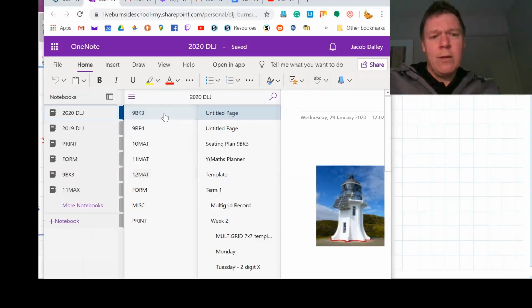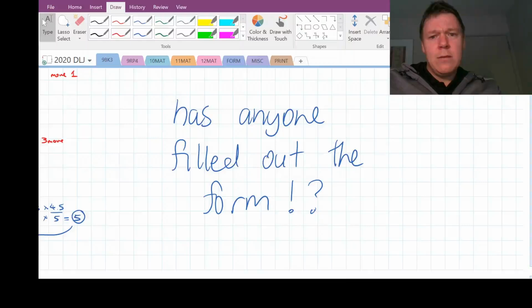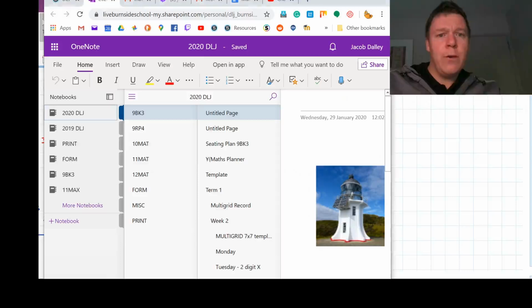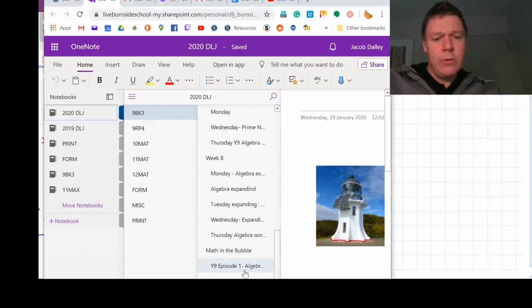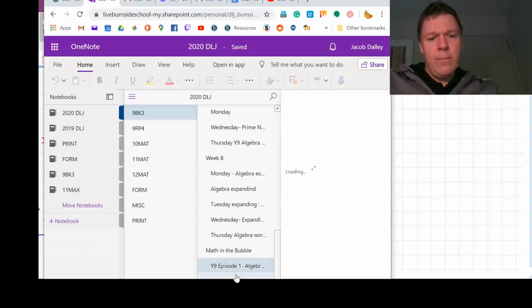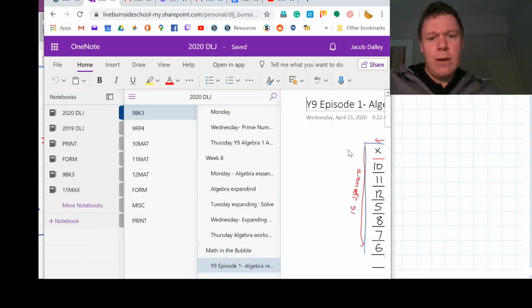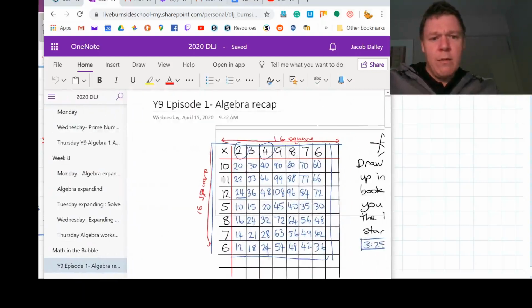So today I did this in 9BK3. I should remember to copy it over to B4, but if we scan all the way down to here, it hasn't loaded up today's episode, but it's up to date with what we did yesterday.